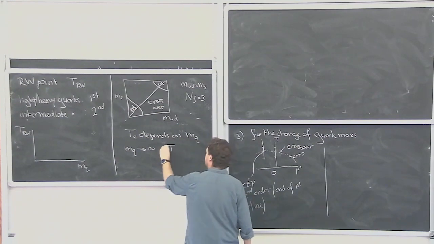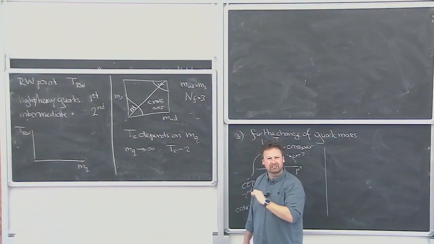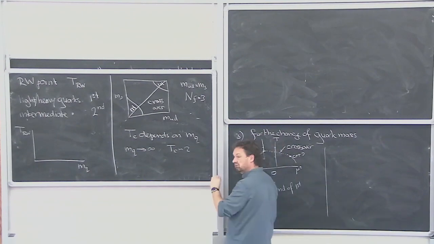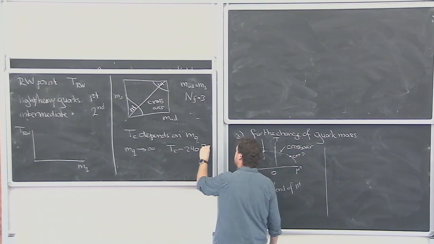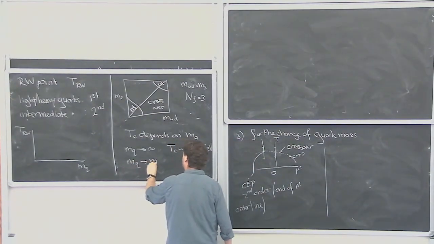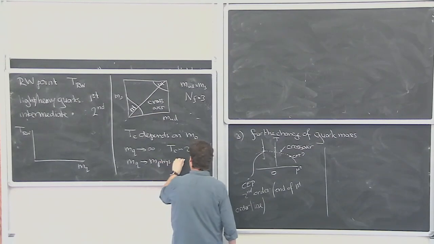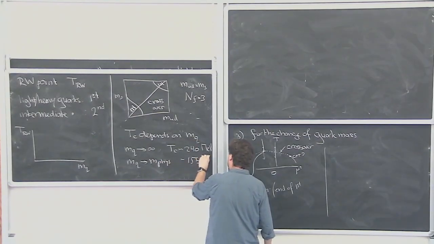And so if the quark mass goes to infinity, is it 240 or 220, Claudio? 240. About 240 MeV, whereas for physical quark masses it's about 155 MeV.